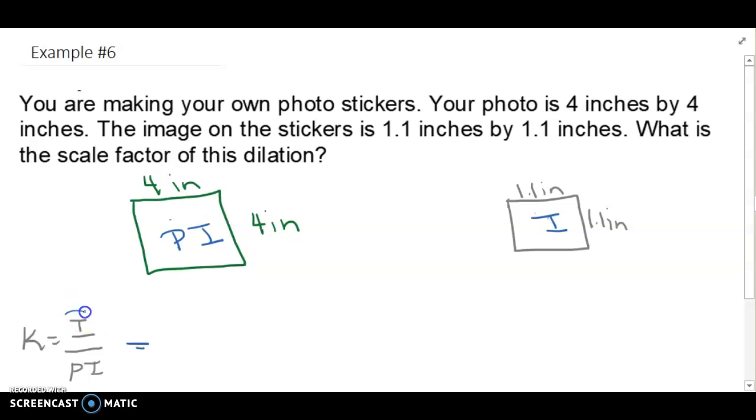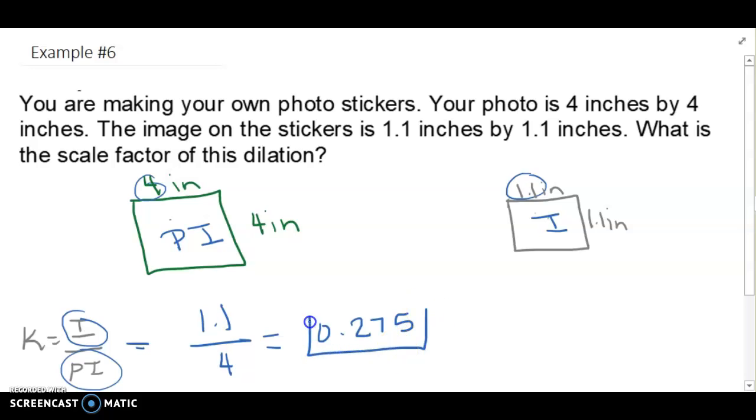So if I just plug it in, image is 1.1 over my pre-image, 4. If I put that into my calculator, 1.1 divided by 4, it gives me 0.275. So that would be my scale factor.